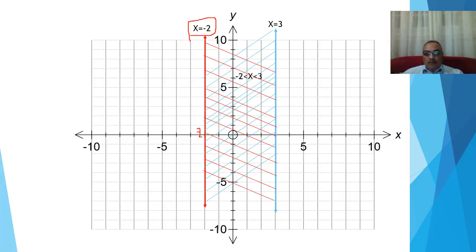And if we draw y equal 3, a horizontal line from 3. And this area is x bigger than or equal to -2 and less than or equal to 3. So x = -2 is a line, y = 3 is a line, and the region between them is an area, all points between -2 and 3.